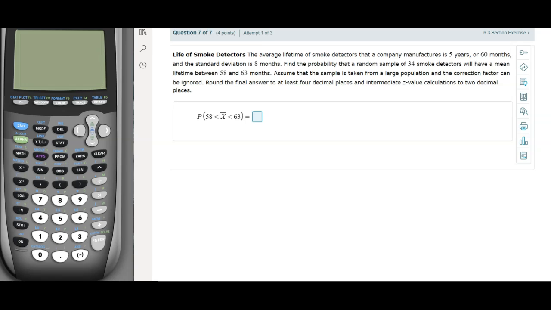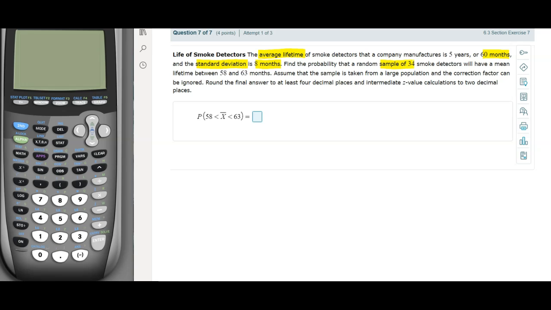So what we need is the mean, and the average lifetime is given as 60 months, and the standard deviation is going to be 8 months. So those are the two keywords. Now, the central limit theorem usually comes with sampling, and the sampling is mentioned here.